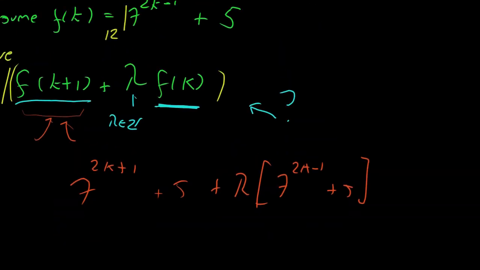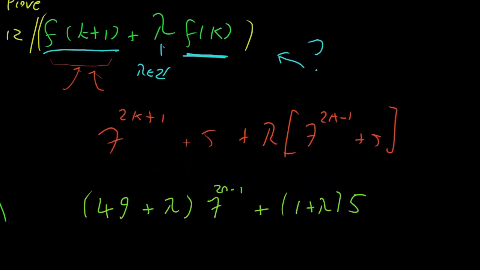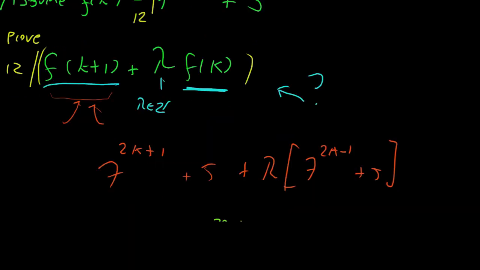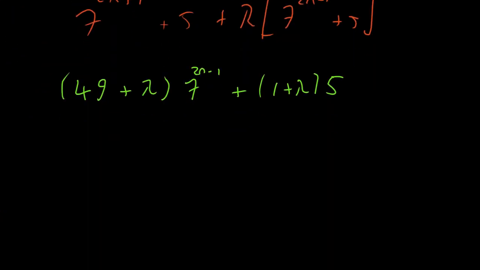Now, how could this be divisible by 12? If it's divisible by 12 for any value of lambda, f of k plus 1 is also divisible by 12. So, perhaps we should choose lambda equals 11, because then this guy would be 12 times 5. What would this guy be? Oh, that's nice. It would be 60. 60 is divisible by 12.